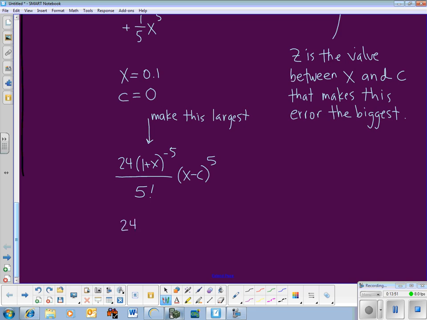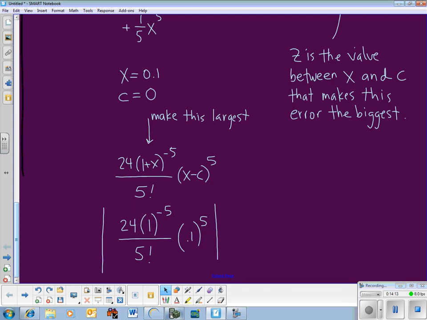So my error, and all this is in absolute values, I forgot to say, no big deal, is going to be when I plug in 0, I do 24 times 1 to the negative 5th over 5 factorial. X and c are 0.1 and 0, so that's going to be 0.1 to the 5th. All right, so let's put that in our calculator and see what we get.